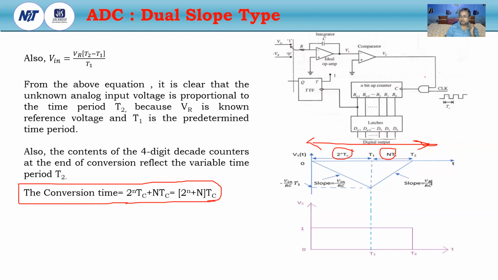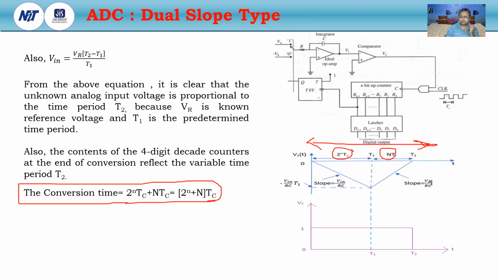As VC will be 1, the clock pulse will be enabled and given to the counter, and the counter will start counting. Firstly, the counter is initially reset to 0, so it will start counting from 0 in increasing manner as an up counter.